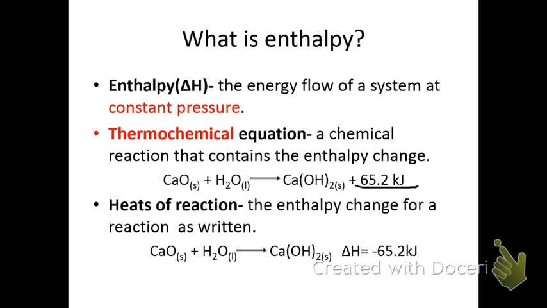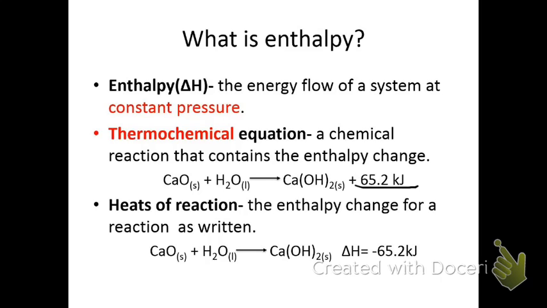Because it's a product in the equation, this lets us know that this reaction will also be exothermic. It's going to release this much energy. Whereas if it was on the other side, it will be a reactant, meaning it will be an endothermic reaction. We'll continue to talk about these as we go.